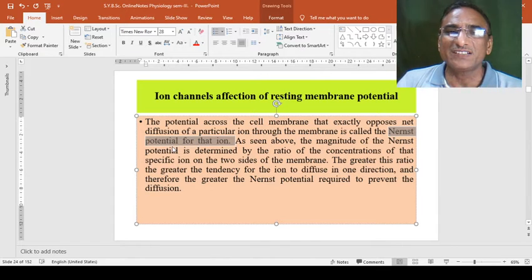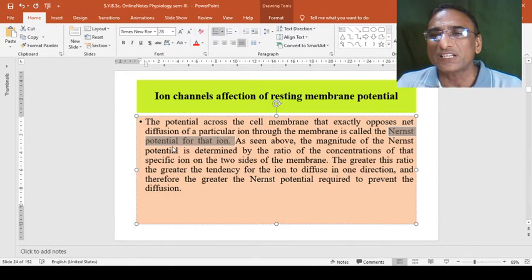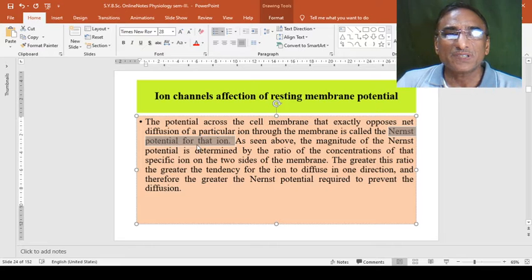It depends on which gated channel is open and what role it plays. As seen above with the sodium-potassium pump and ion channels, the magnitude of the Nernst potential is determined by the ratio of the concentration of the specific ions.